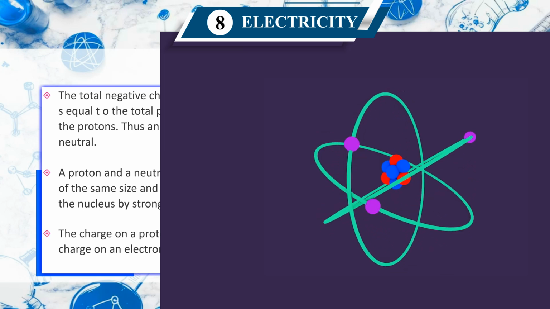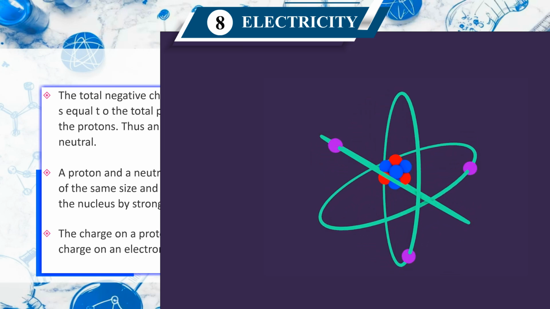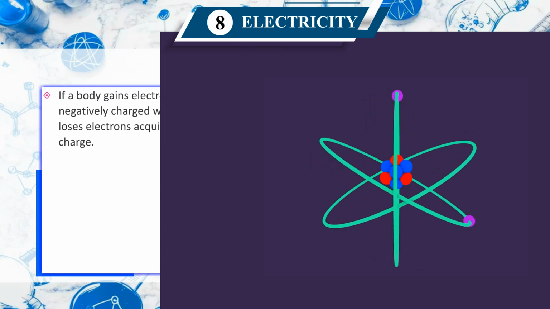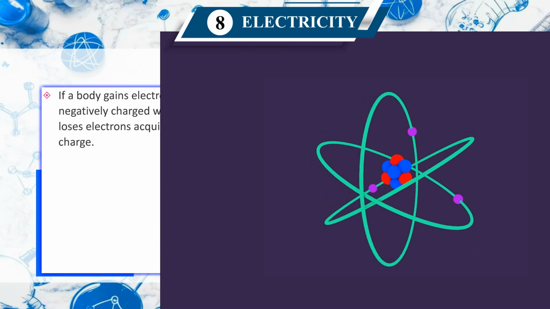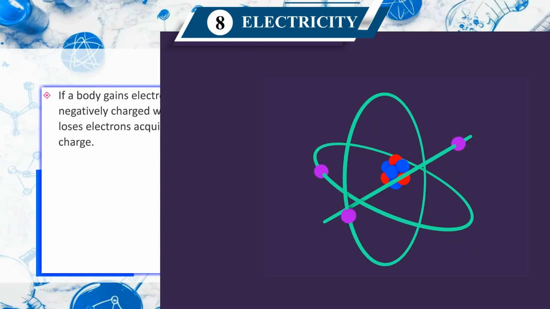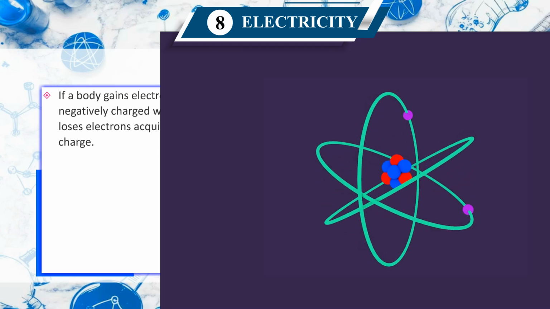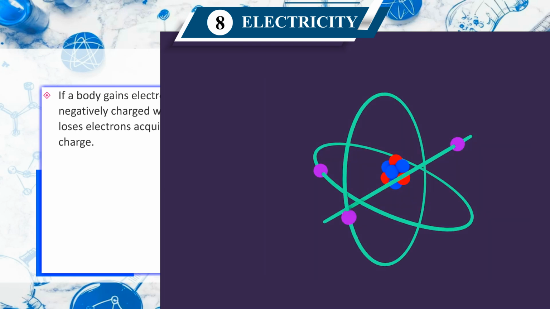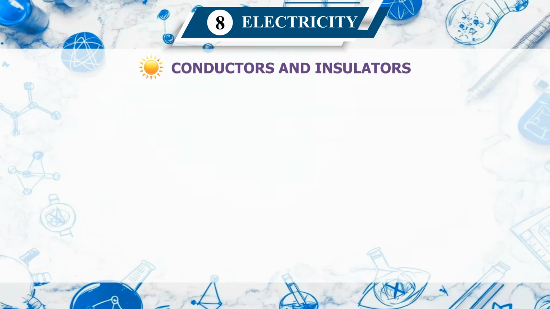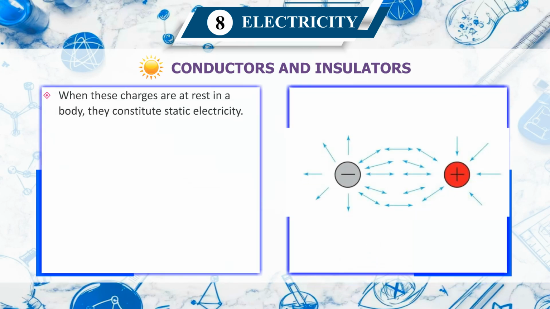The charge on a proton is positive and the charge on an electron is negative. If a body gains electrons, it gets negatively charged, while a body which loses electrons acquires a positive charge.